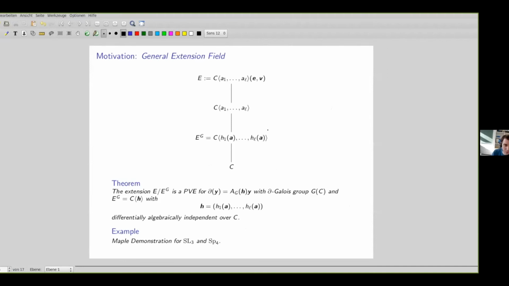And now, how to construct a general extension field for our equations of the theorem on the first slide. Remember that we started with L differential indeterminates, and so our differential extension field must have the same differential transcendence degree. So here we start with L differential indeterminates A1 up to AL. Now we attach to this field a Liouvillian extension.